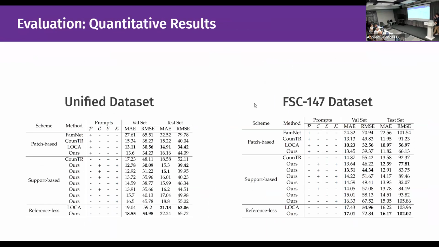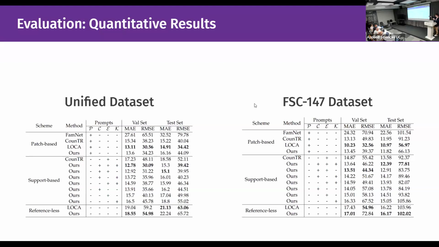On the FSC147 datasets, as I said, on these benchmark datasets we have SOTA results in referenceless mode, but that's not very interesting for us. Here, the support-based mode doesn't have SOTA results because, as I said, we believe that due to the small dataset size, our model doesn't generalize well enough. The difference between the metrics of support-based and patch-based methods on the benchmark dataset is larger than on the unified dataset.